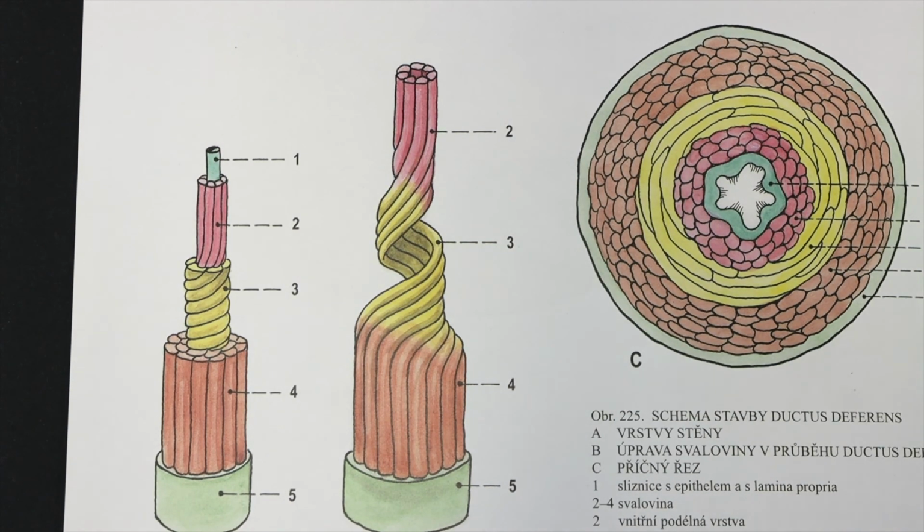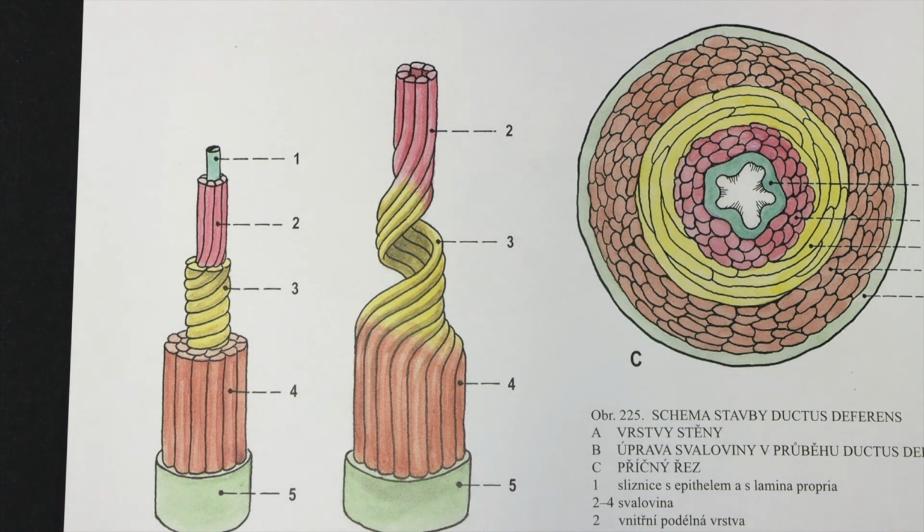Regarding the structure of the ductus deferens, the length is approximately 40 to 60 centimeters, variable. The diameter is 3 millimeters, the lumen is approximately 0.5 millimeter, and it is composed of a very strong muscular compartment.